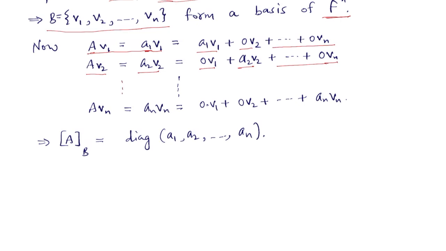Continuing like this, we get A Vn equal to an Vn, and an Vn can be written this way. So if we take the matrix of A in this basis B, you can see that this is the diagonal matrix a1, a2, ..., an. All other entries are 0.